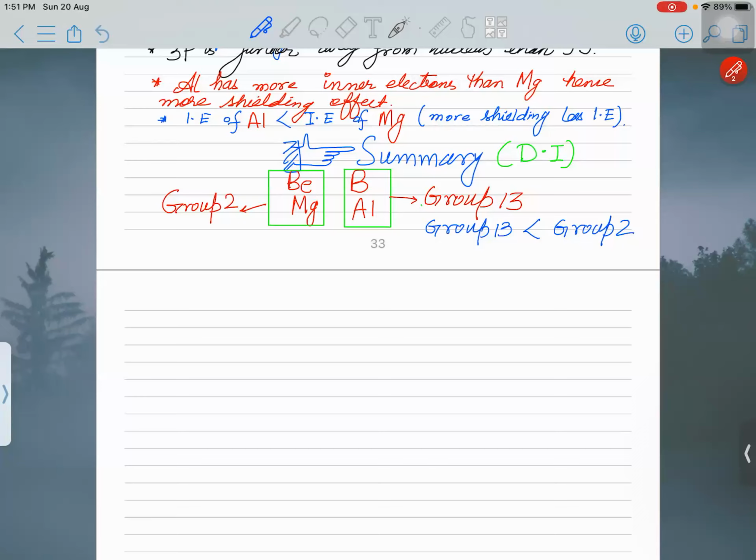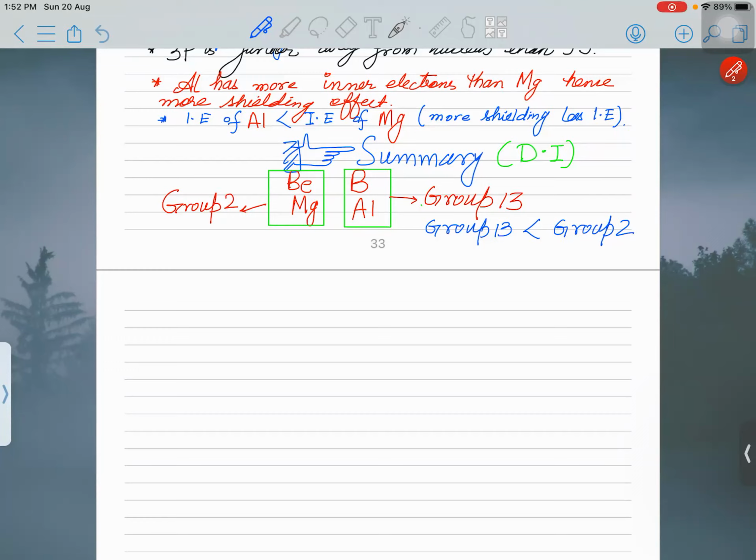So we have discussed ionization energy and all the factors, and after these factors, we are discussing exceptions. A very easy way to memorize the exceptions: BB Ammi NOPS. BB is beryllium boron, Ammi is aluminum magnesium.